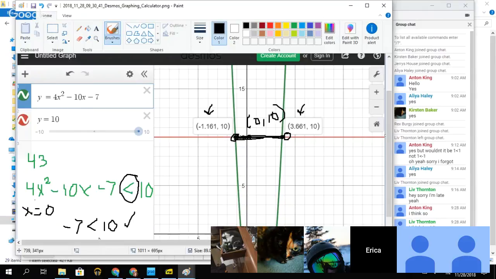So if I were going to write my solution, I know that x is greater than negative 1.16, right? And it's less than 3.661, but it can't actually be either of those two values. So you don't want to put the less than or equal or greater than or equal to sign on those.